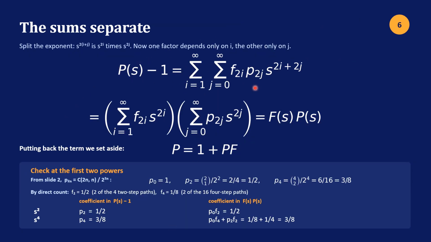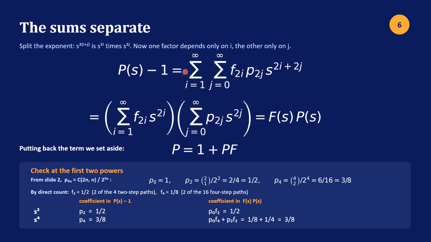I took the formula from the previous slide and I put it here at the top, and I broke up the s to the 2(i plus j), and I wrote it as s to the 2i plus 2j. And you notice that we have this term here, f sub 2i and s to the 2i, neither of which have a j in it.